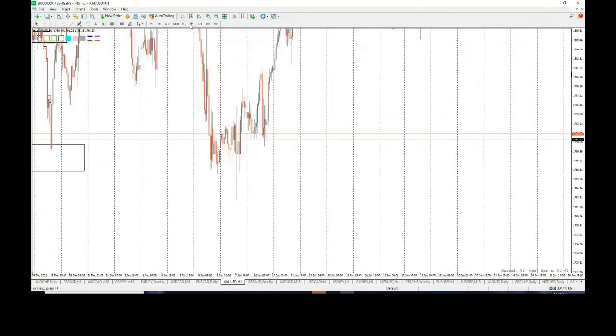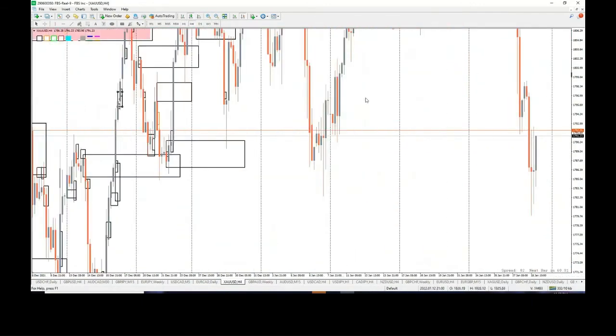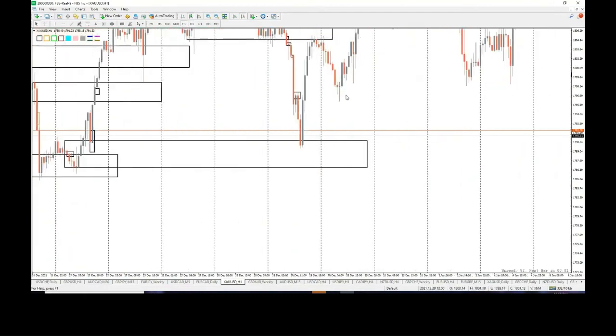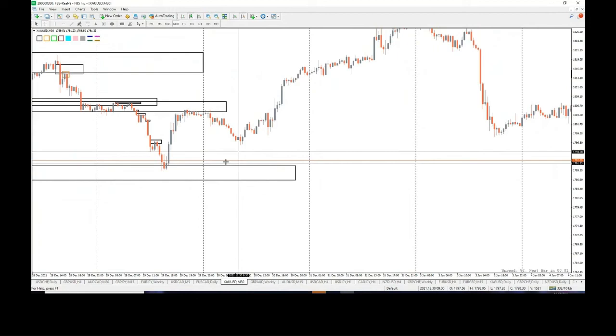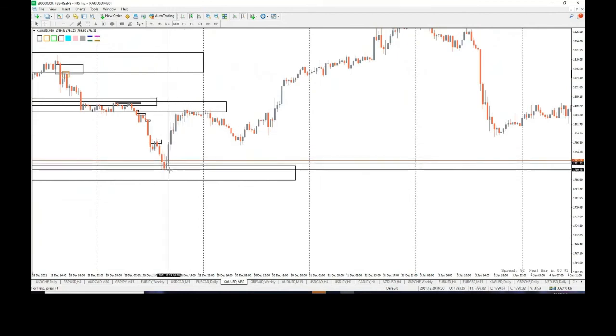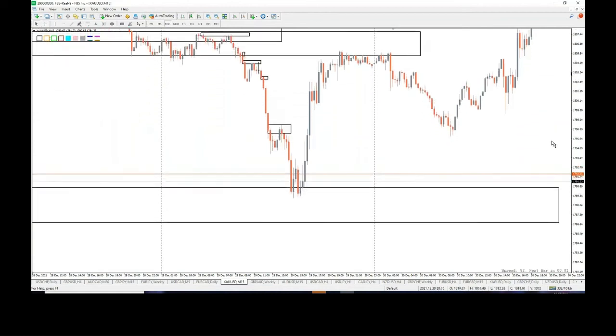Until the zone. So H4 zone, we have to wait for H1 or M30. But at this moment, there's no M30 or H1 confirmation because of news, very fast, going down.